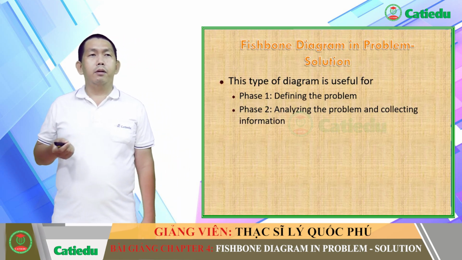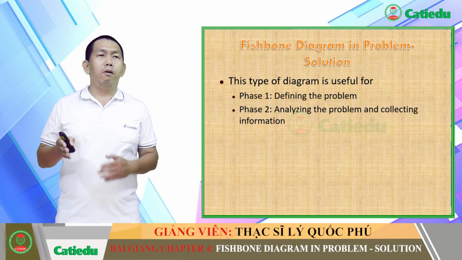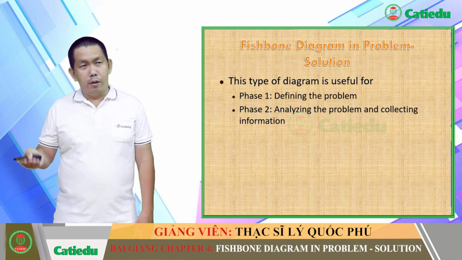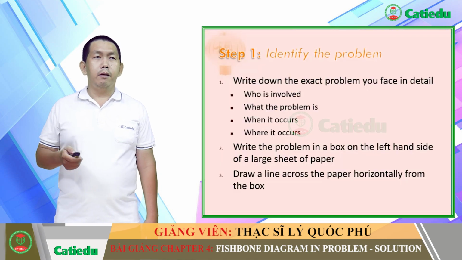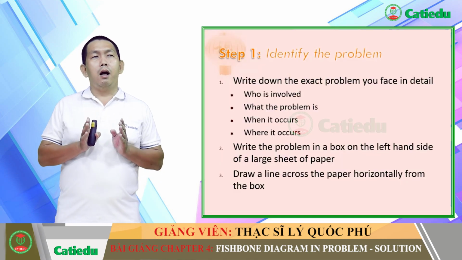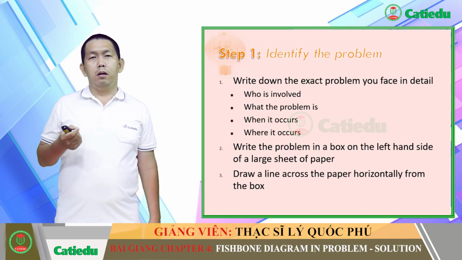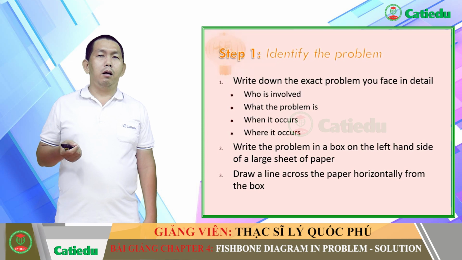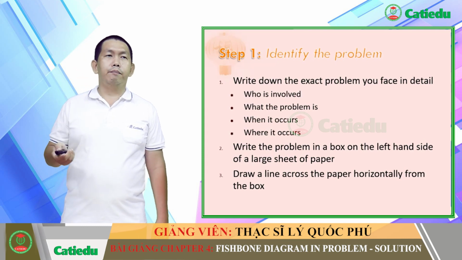A fishbone diagram is a type of diagram that is useful for defining the problem, analyzing the problem and collecting information. In this fishbone diagram, there are some steps that you should be mindful of. The first step is to identify the problem.